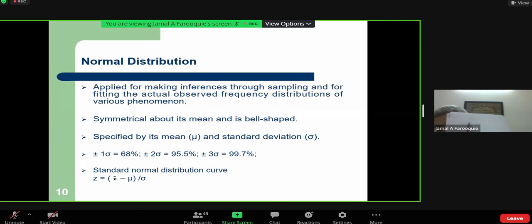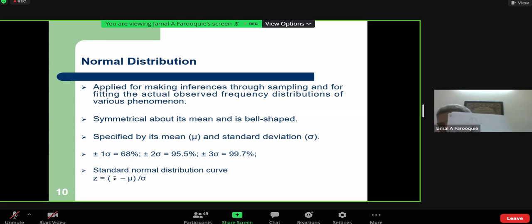This area is approximately 68% of the total. The total area we consider as 1, because this is probability 100%. Expanding to mean plus and minus 2 standard deviations, the area is approximately 95%. And plus minus 3 sigma covers almost 100%.